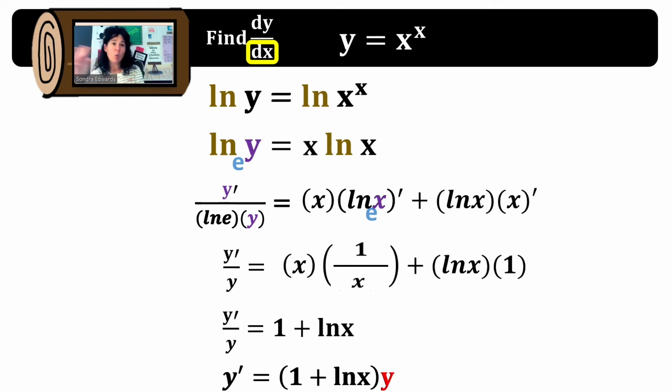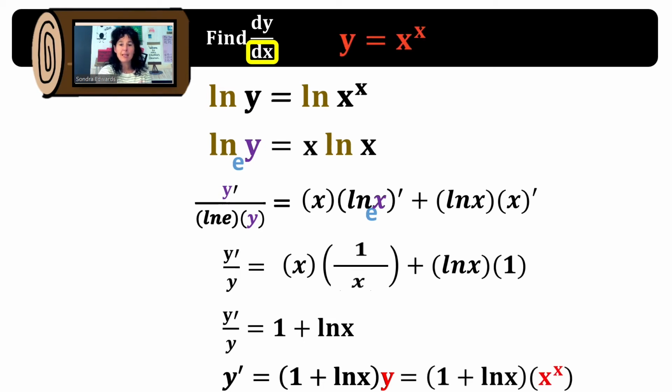I want whatever y prime equals to be in terms of x. So I can look back up at the original. Right? The original y is equal to x to the x. So I'm going to replace that y with x to the x. So my answer, y prime, is equal to 1 plus ln of x multiplied by x to the power of x. And that is our final answer.